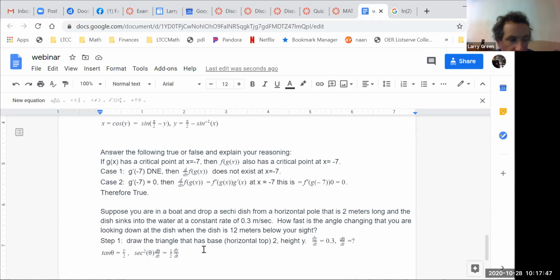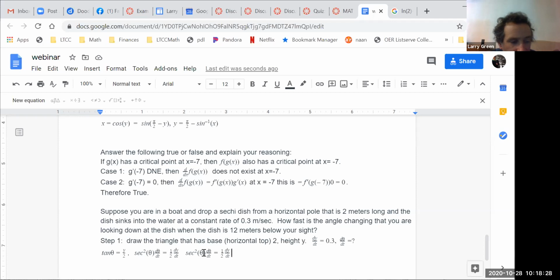Yeah, we plug in. So now we're going to plug in. And what we get, I'm just going to copy and paste it and then put in as I go. So secant of θ, well, the secant is the hypotenuse over the adjacent. The adjacent is 2. Notice that we're at 12 meters, so we know that the opposite is 12. And the hypotenuse is going to be the square root of 12 squared plus 2 squared, which is the square root of 148.